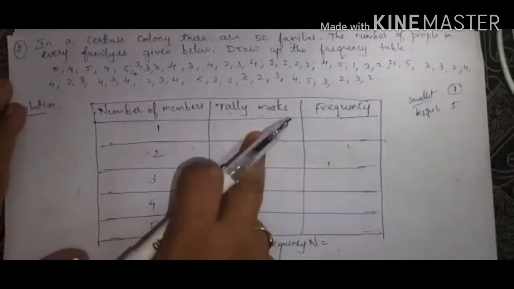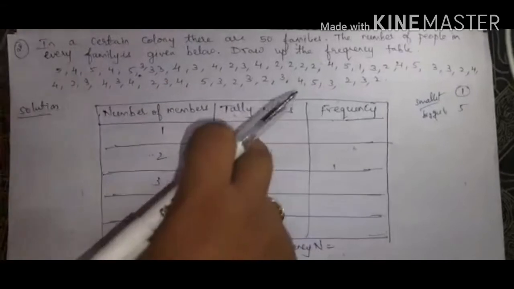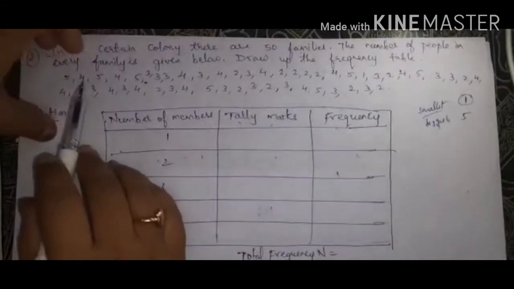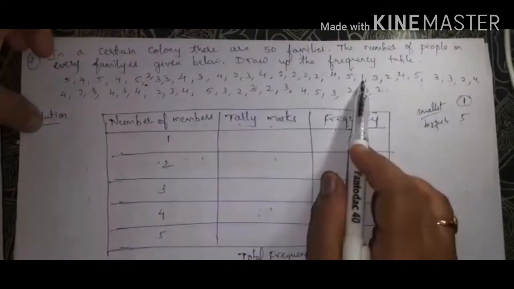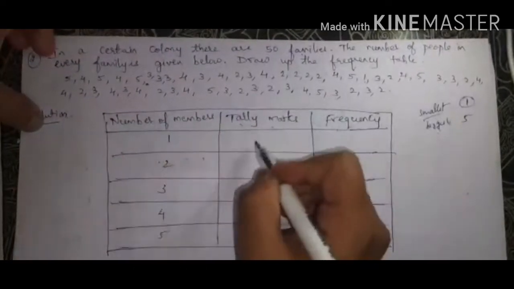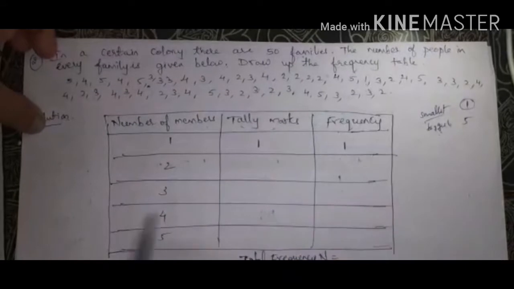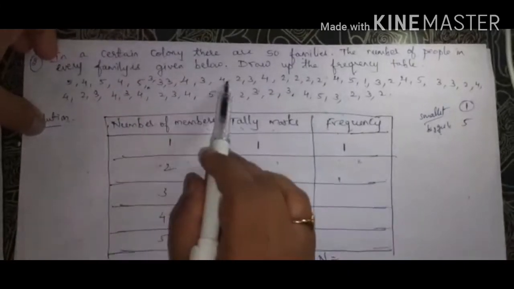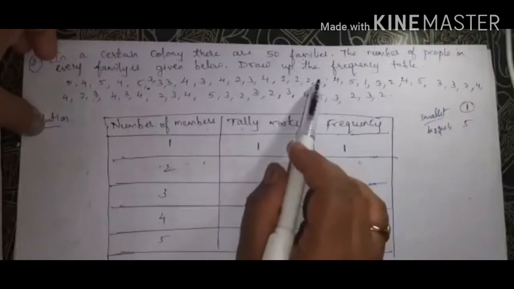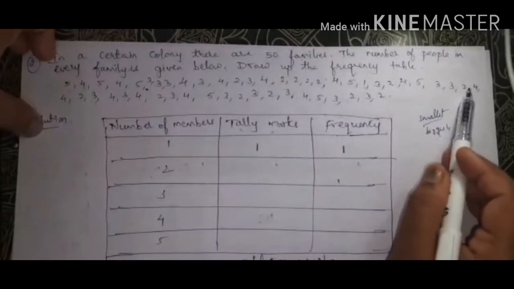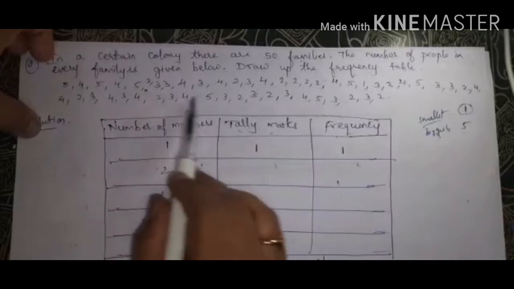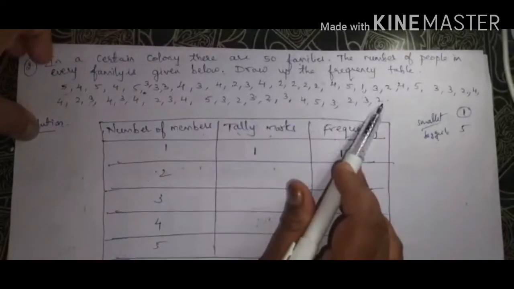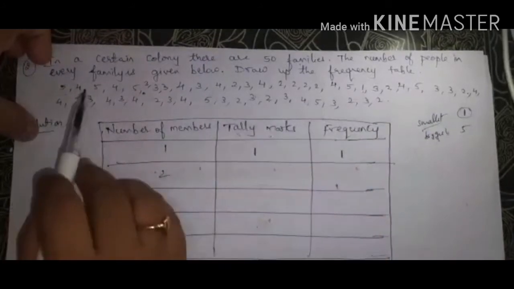After that see the tally marks: how many times is 1 repeating? 1 is there only one time, so the frequency is 1. Then 2: how many times? You have to see it properly. 1, 2, 3, 4, 5, 6, 7, 8, 9, 10, 11, 12. One more time.